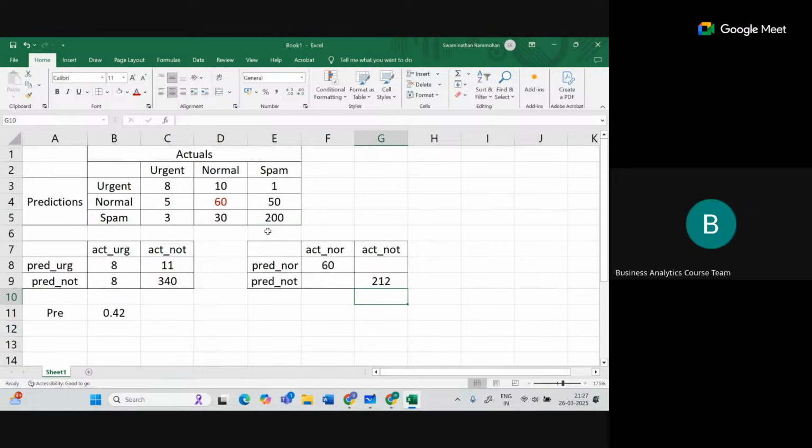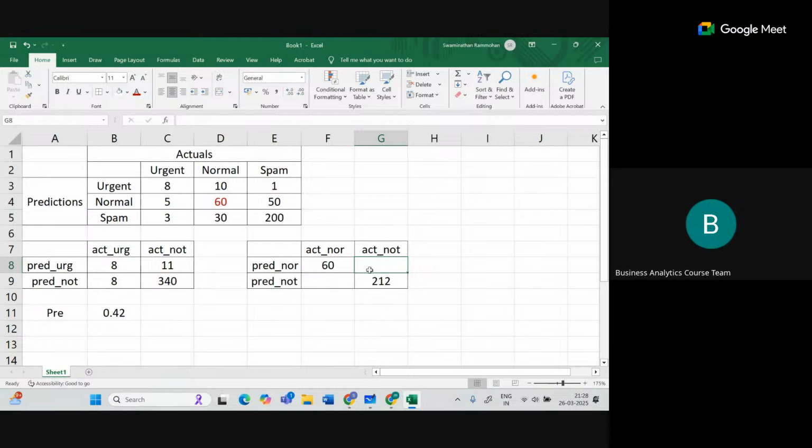After this class, I will share this sheet with you, and you can play around with it and understand it more in detail. You can break it down and understand it more.